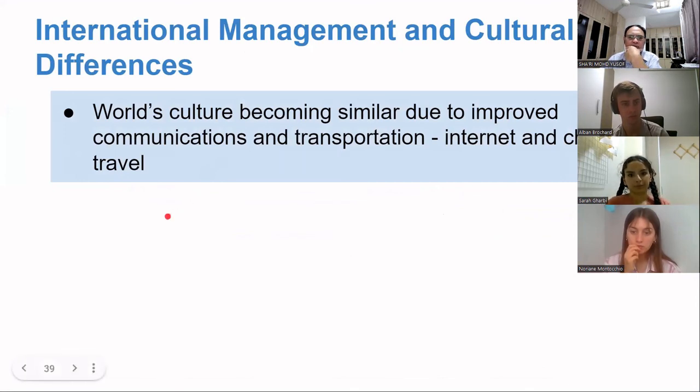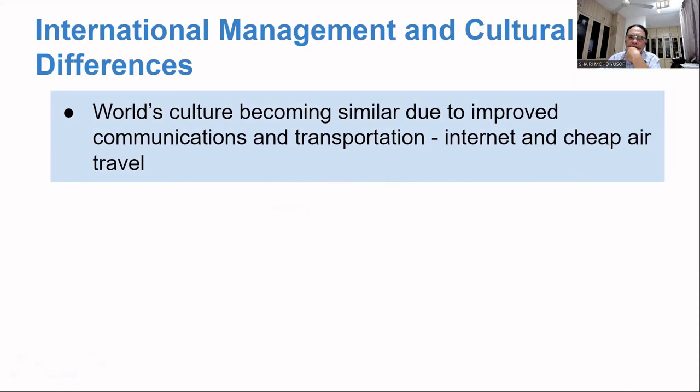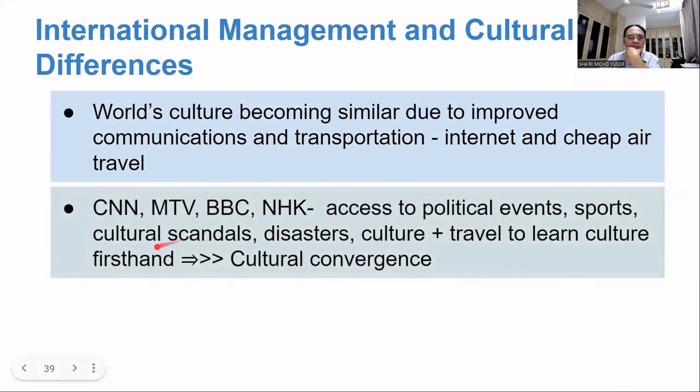And finally, the world's culture is becoming similar because of improved communication and transportation, internet and cheap air travel. You can travel all over the world and witness the culture for yourself. Of course, if you have the money.